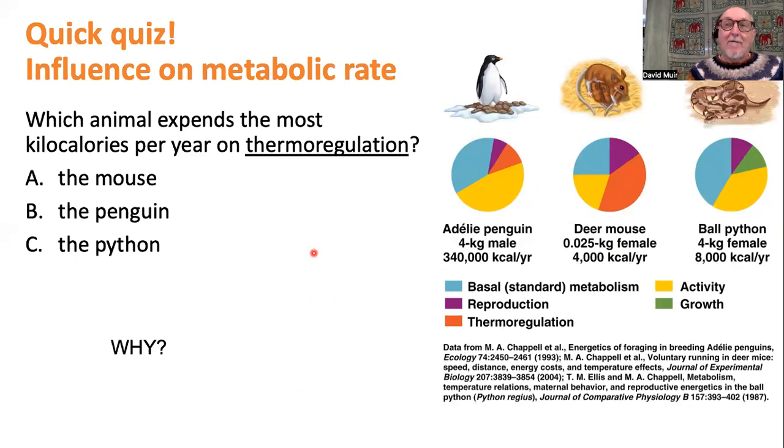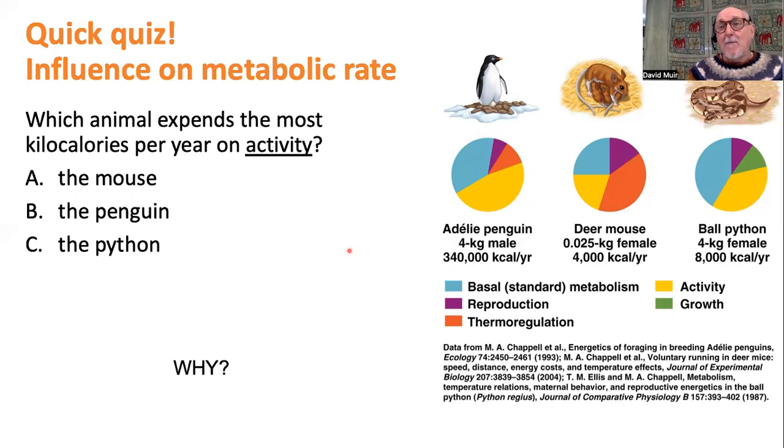It should be pretty obvious. Who, for example, lives in the coldest environment? Same thing. What about activity? When we budget for activity, who spends most energy actually maintaining their activity in the environment?